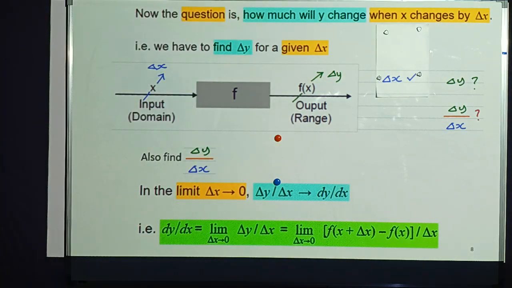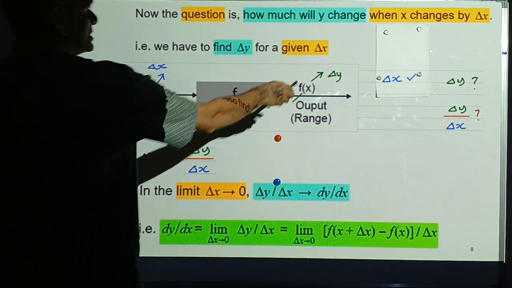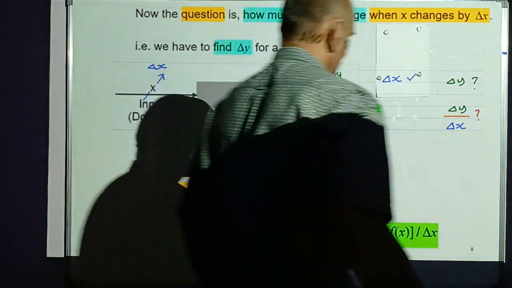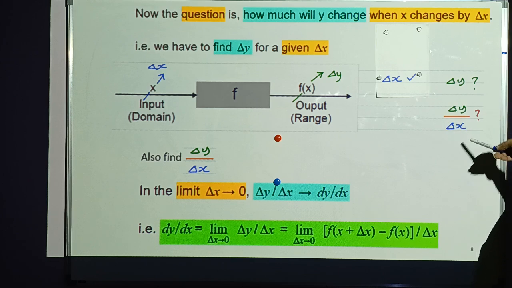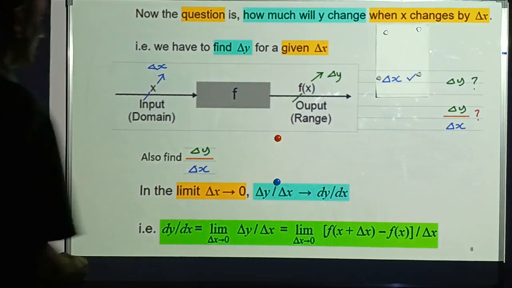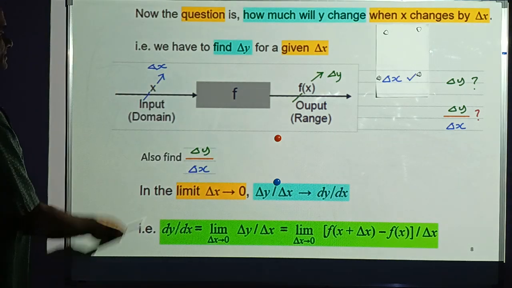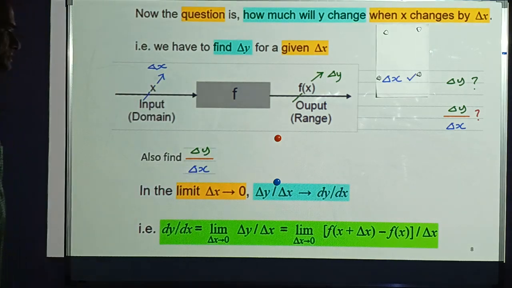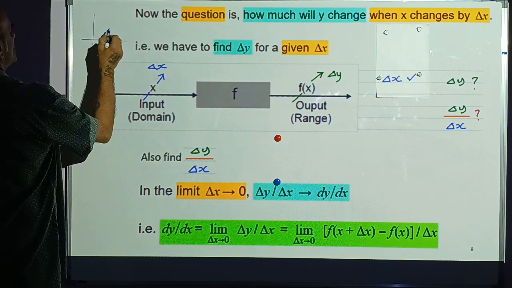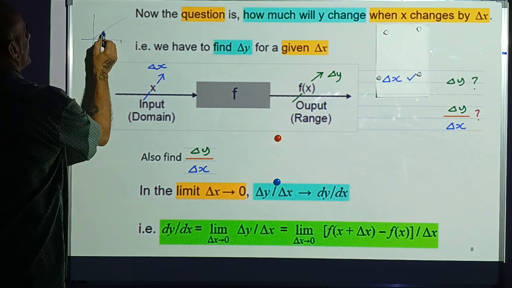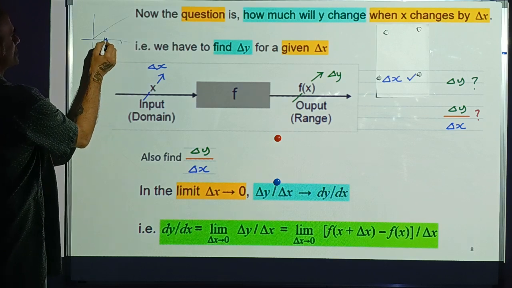So when x changes by an amount delta x, the change in y is delta y. If delta x is known, delta y can be found out if the function is defined. And once delta y is known, this ratio delta y by delta x can also be found out. In the limit where delta x becomes small, like I took delta x as 1 and 2, the second point can be very close to the first point.